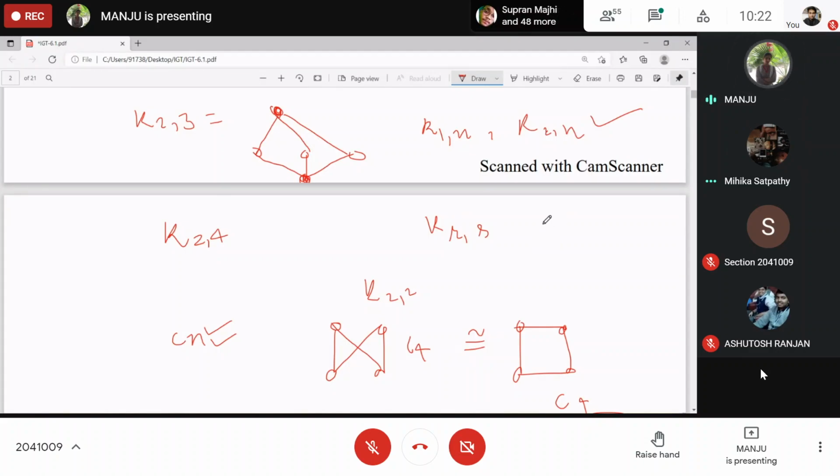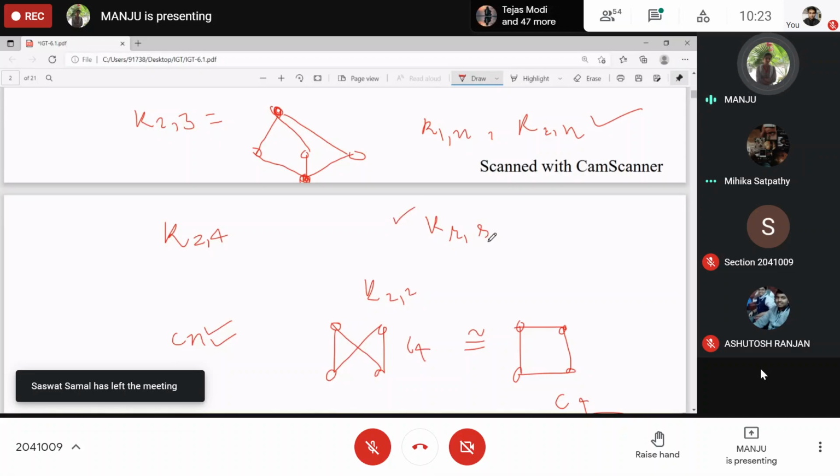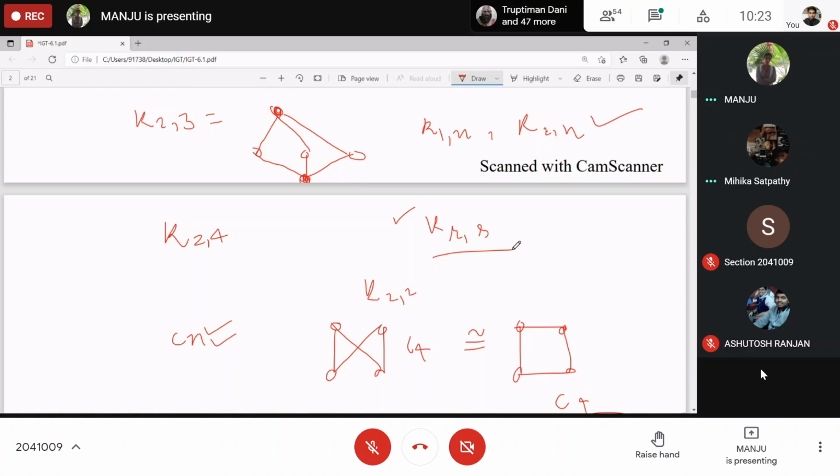A graph which is not planar is known as non-planar. For which r and s will it be non-planar?